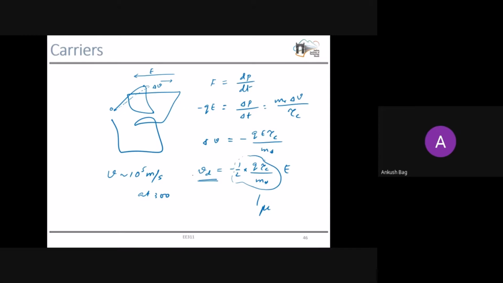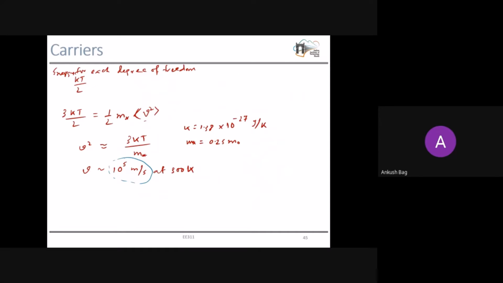You can also guess, at home, whether it is large or small, and if it is very large or very small, why it is so. Why is the random velocity so large? If we go back to the previous derivation, it is mainly because of the effective mass.